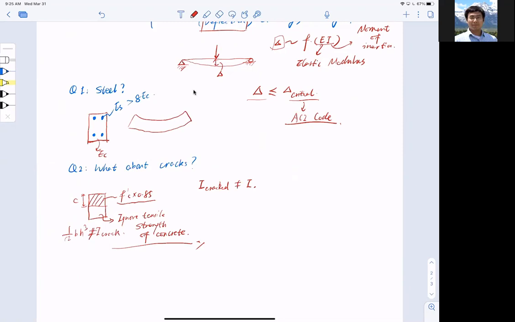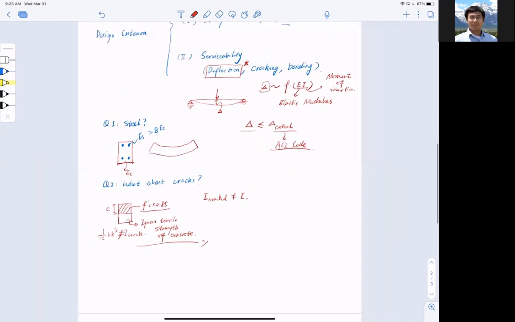So we have to figure out a way to do this. This is something we're going to cover next for serviceability. Essentially, it's just trying to find EI. If I want to summarize these two problems, it is simply trying to find EI for different stages.